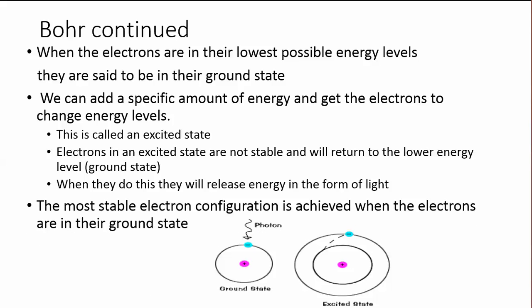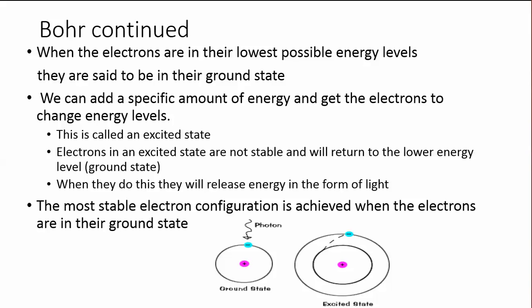The most stable configuration of electrons is when those electrons are in the ground state. So again, if we go back to our example of lithium from the slide before, lithium would have 3 electrons in a neutral atom. So there would be 2 in the first energy level and 1 in the second energy level.